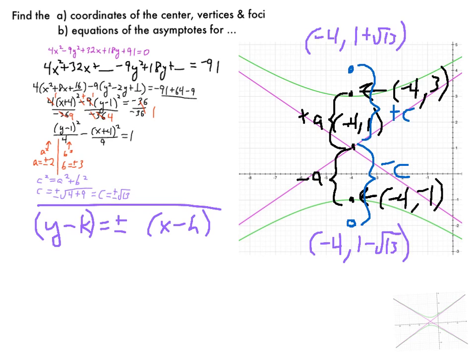Now, what's the slope? Well, in this case, let's go back here. This is a, and this is b. This is a, and this is b. So we're going up a over b, or for the other asymptote, we're going down a over b. So then it's plus or minus a over b.